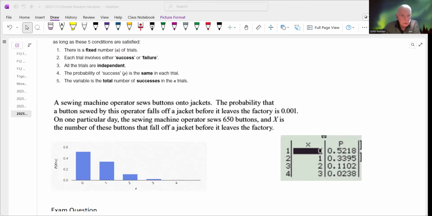In fact, let's do that now. So here's 100 trials, and we'll take a probability of 0.5 to start with.